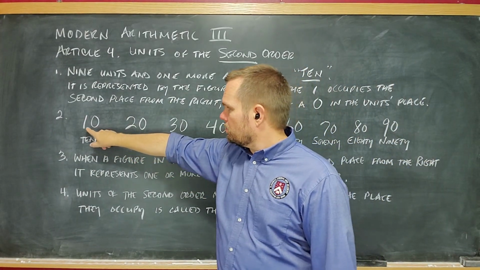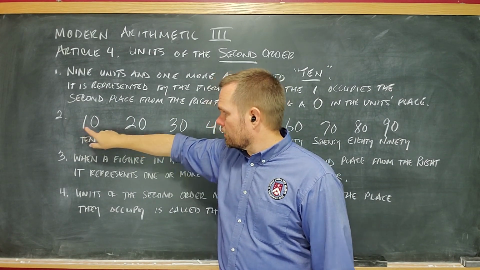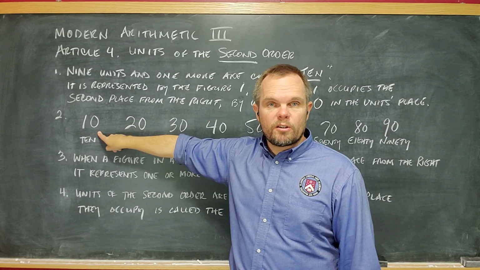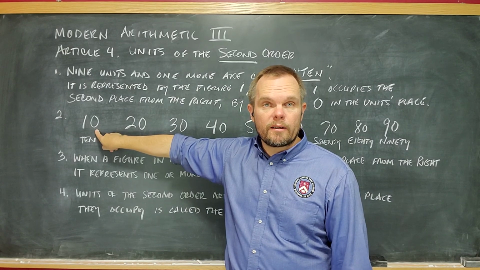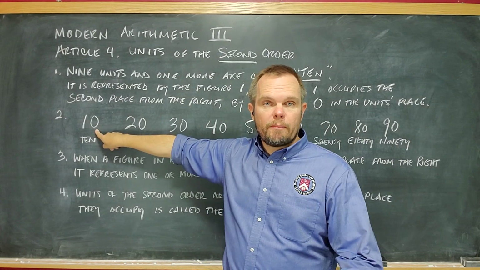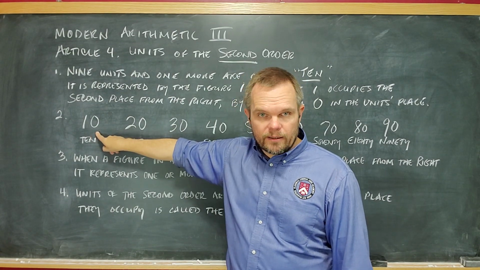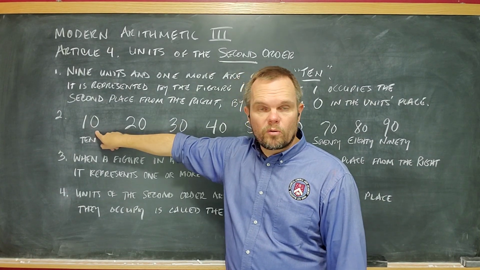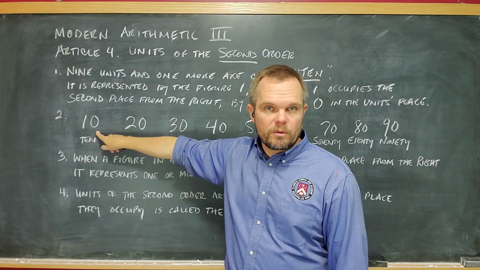We use two places. The first place we learned in Article 3 is called the units place. And in the units place, we write any number between 1 and 9 to show how many units there are. But in the number 10, the first order, the units order, is empty or vacant, as we learned.